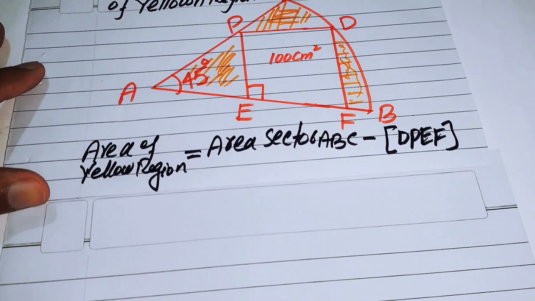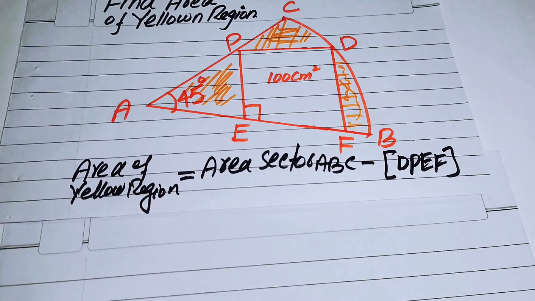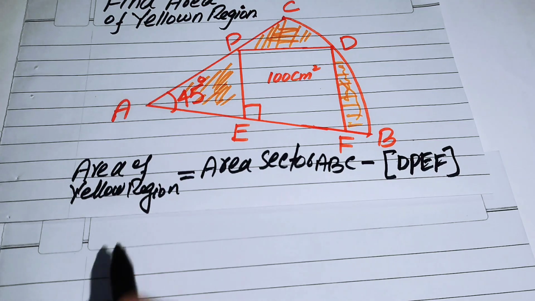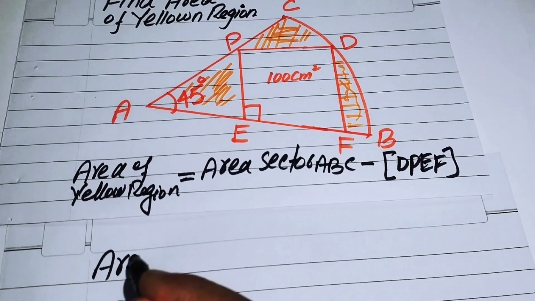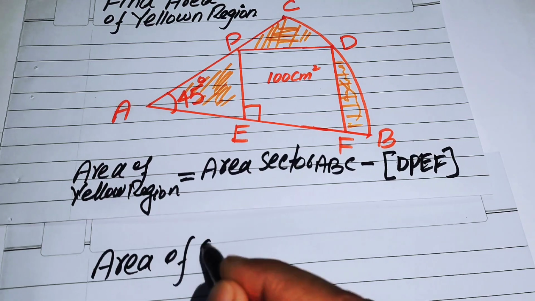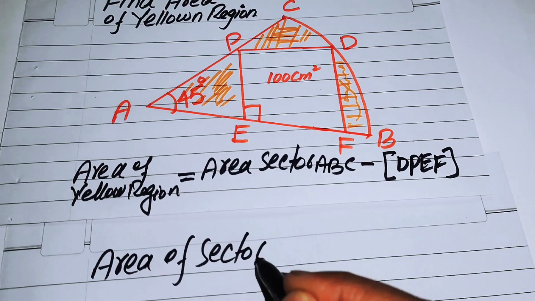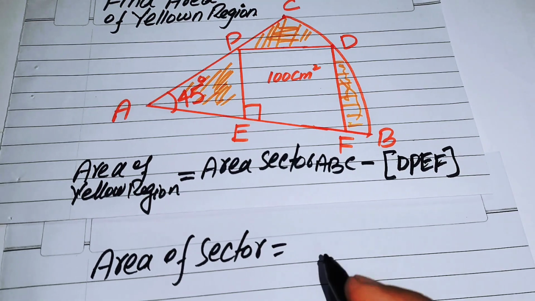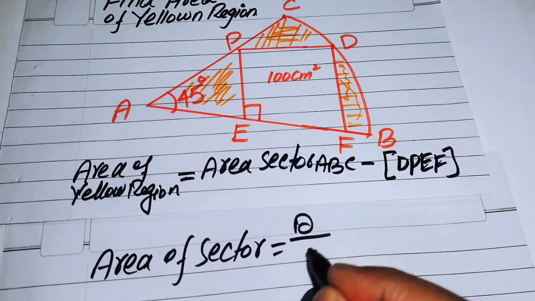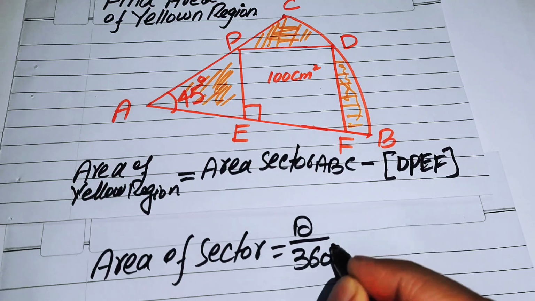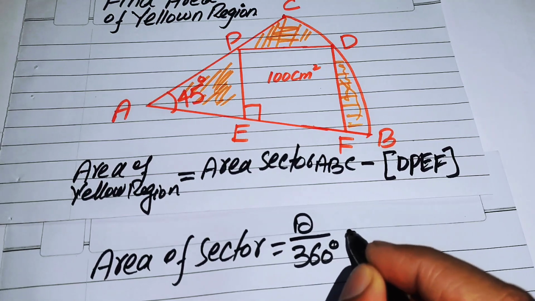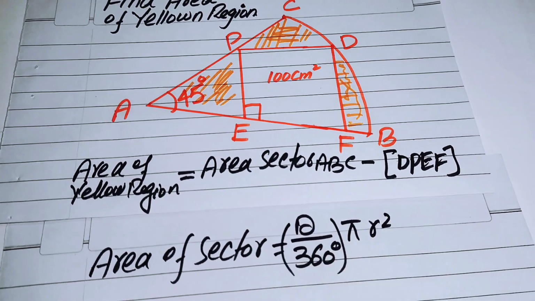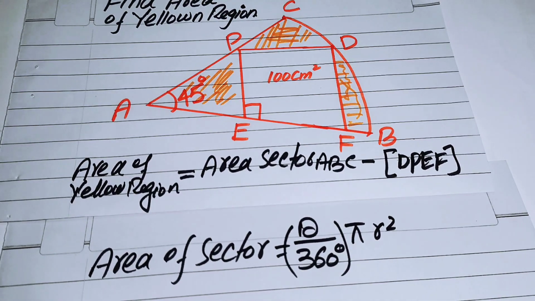Now in order to find the area of the sector, you know the formula: area of sector equals theta over 360 degrees multiplied by pi r squared. So this is the formula of the area of sector.